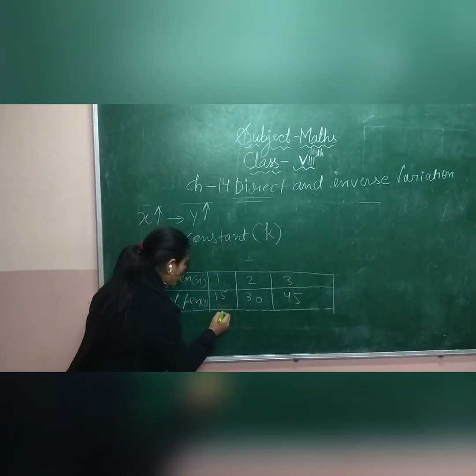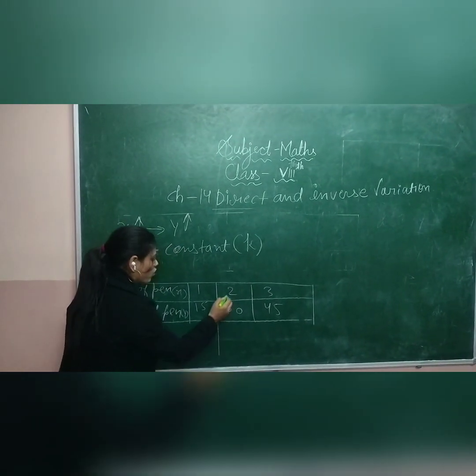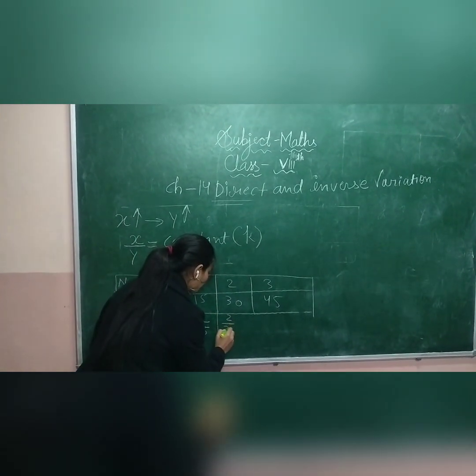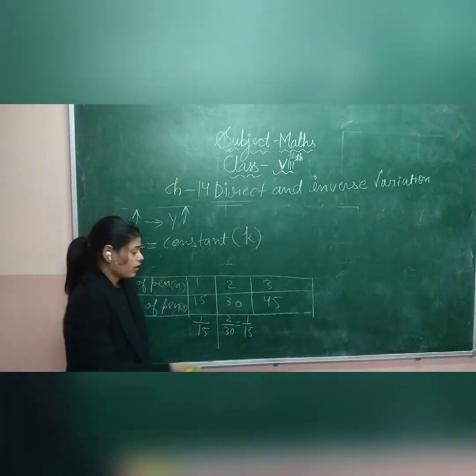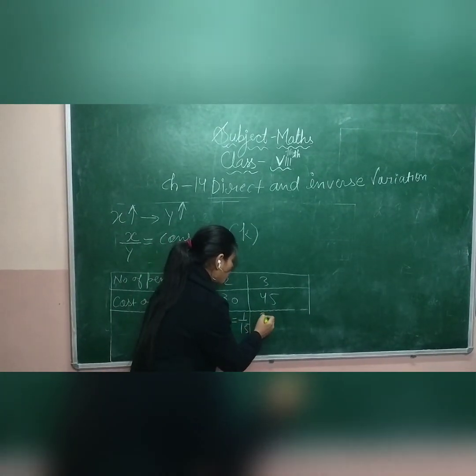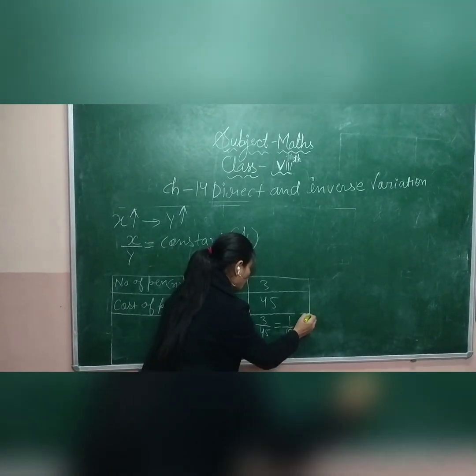Suppose 1 upon 15. Now you are taking what? 2 upon 30, that is also equal to 1 upon 15. Similarly, 3 upon 45 also gives you a ratio of 1 upon 15.